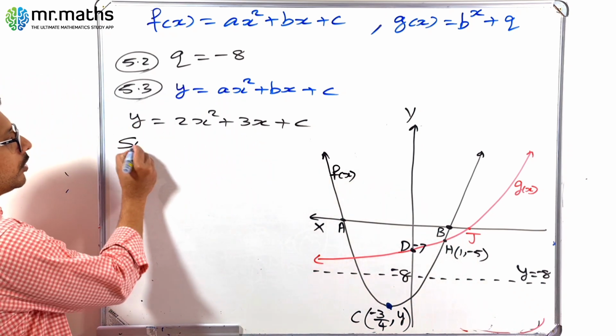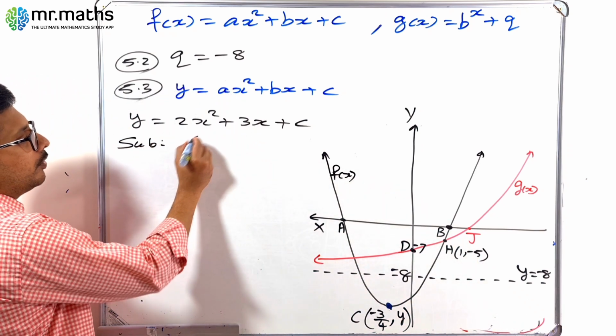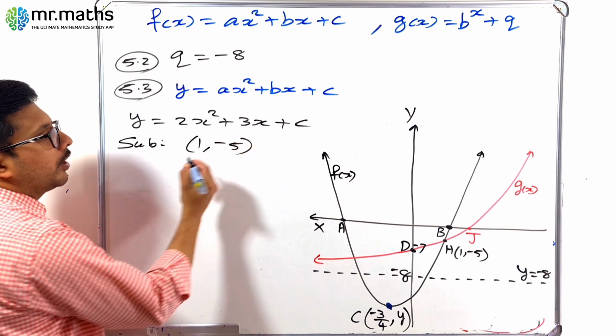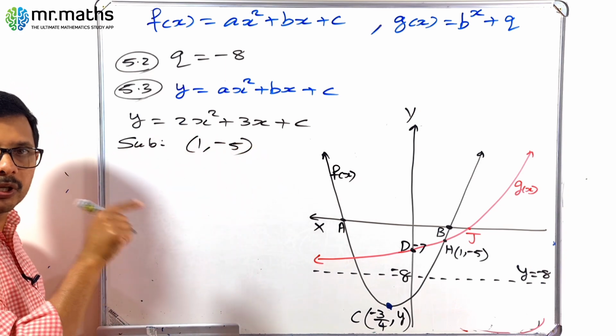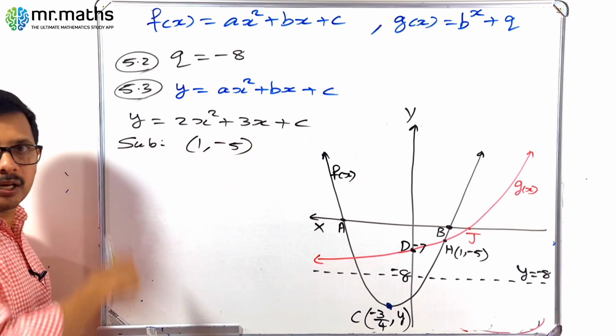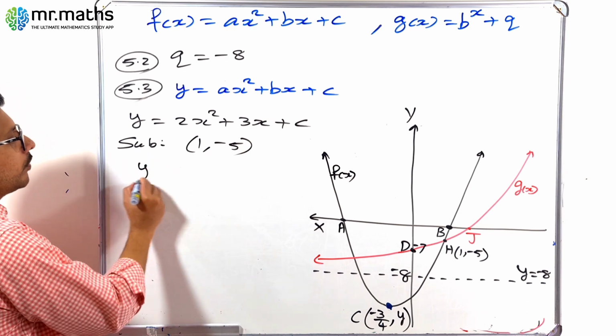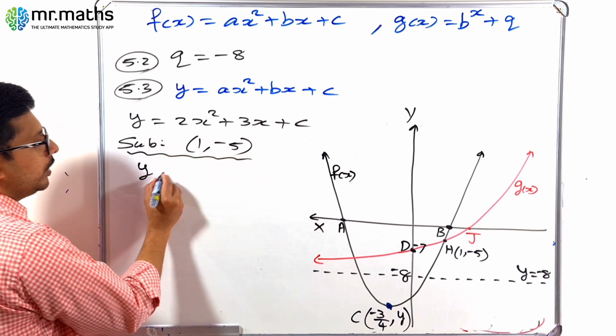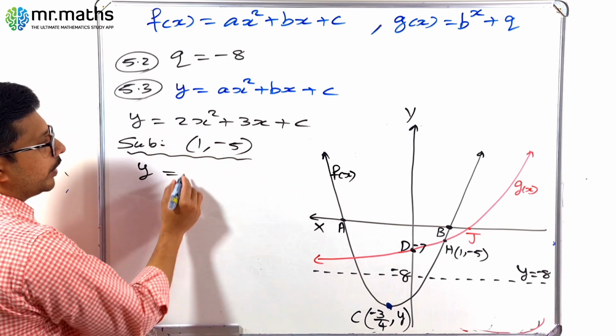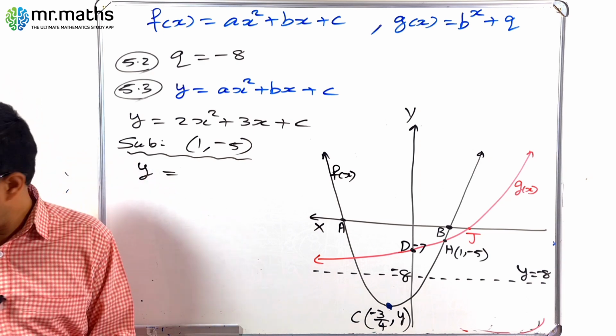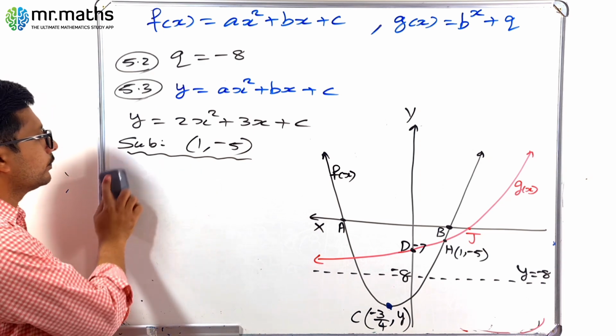So we can substitute that 1 comma minus 5 in this equation, because that point is also a point on that parabola. So we can substitute both x and y.